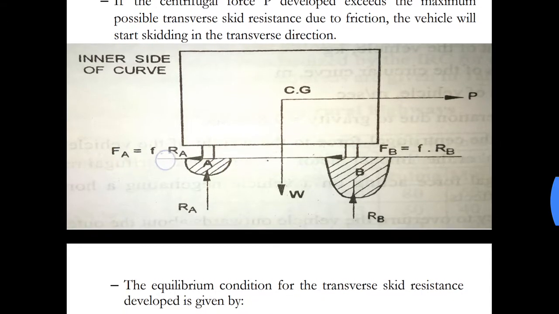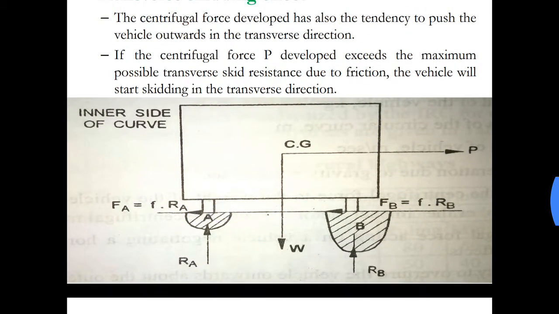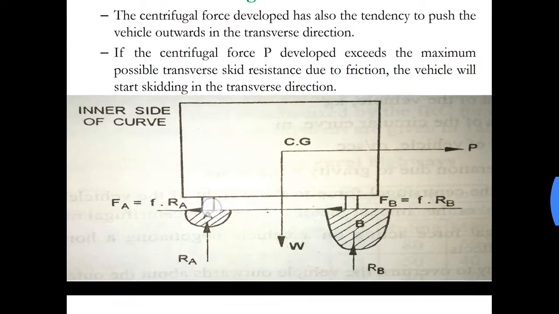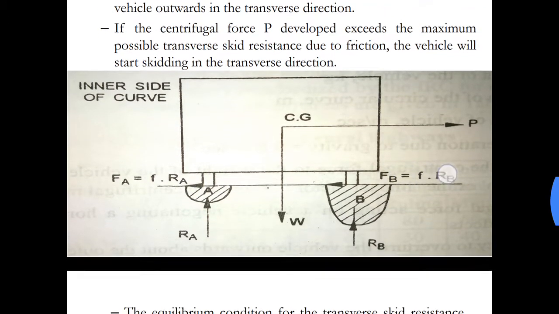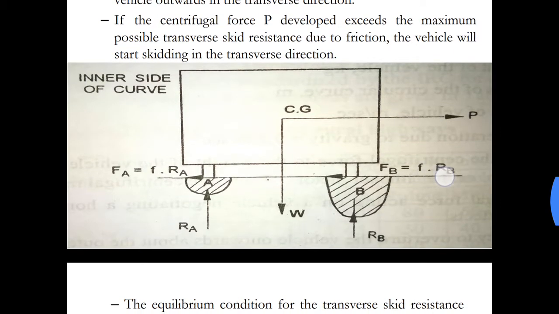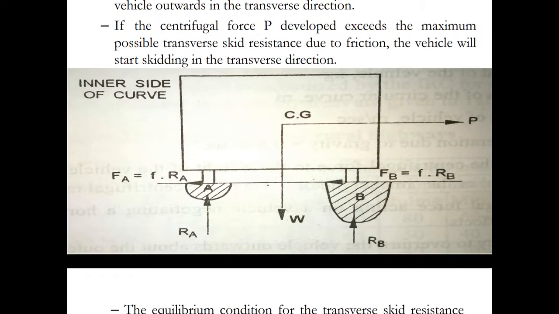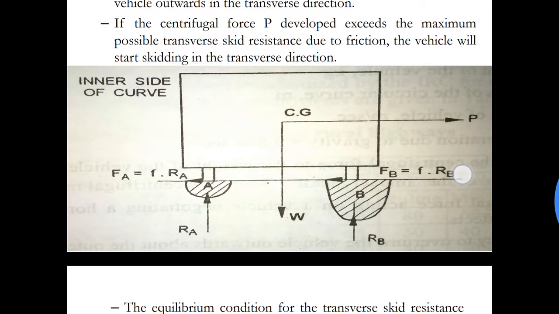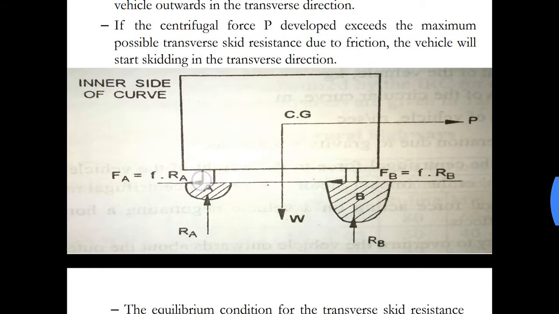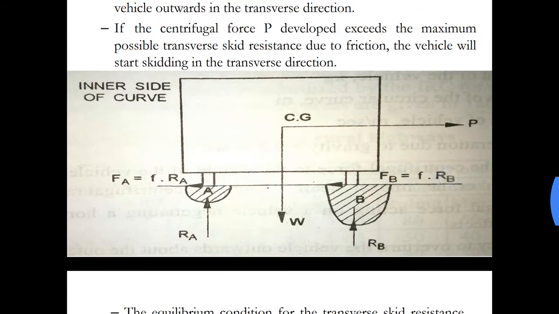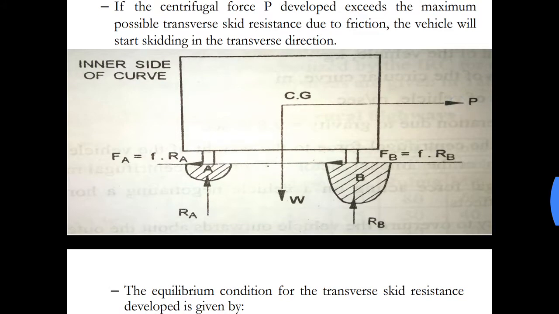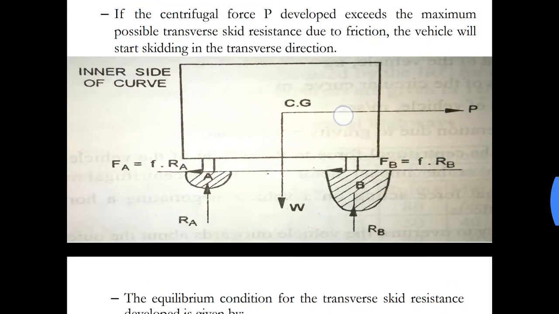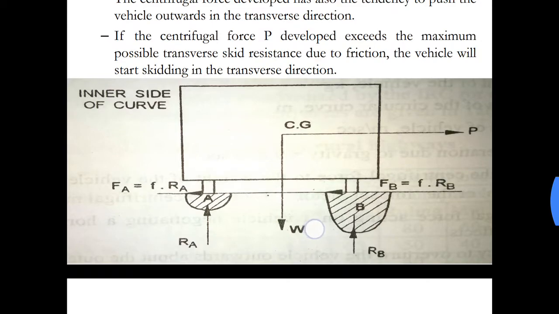This frictional force can be split up as coefficient of friction into reaction at A, Ra, and Fb as coefficient of friction f into reaction at B, Rb. So Fa is equal to f into Ra, Fb is equal to f into Rb, and the other conditions are the same. P, that is centrifugal force, is acting along the CG, and so is the weight of the vehicle.